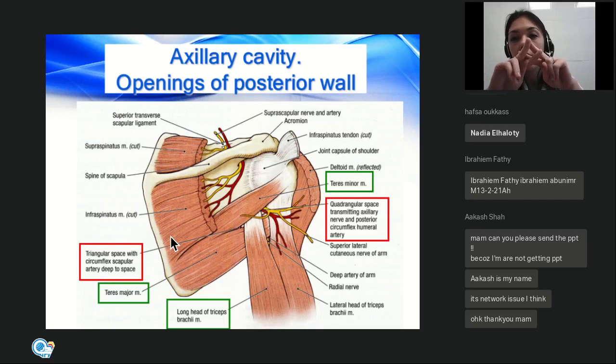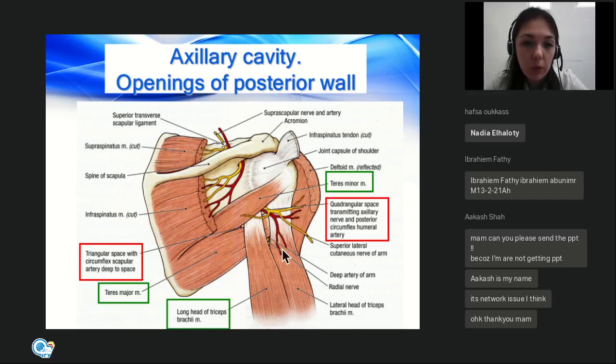For the quadrangular, it's again teres major below and teres minor above. But the long head of triceps brachii will be medial this time, and laterally there will be the surgical neck of the humerus. You can see the same actually in the slide. So this is the quadrangular space that transmits the axillary nerve and posterior circumflex humeral artery.